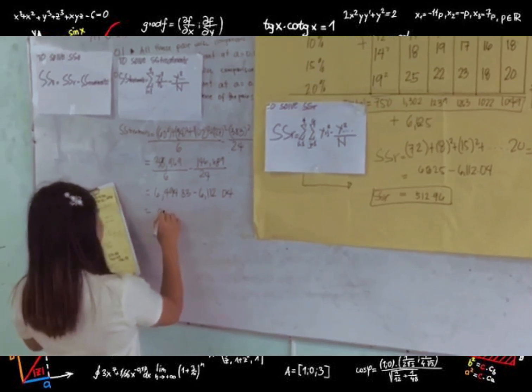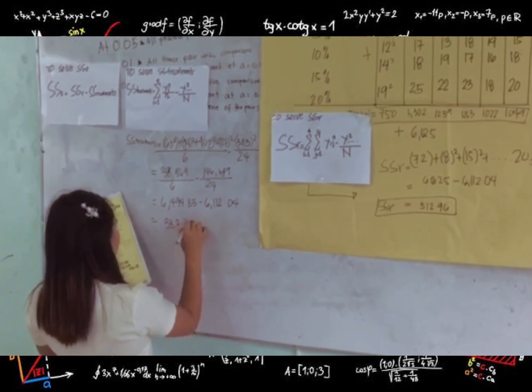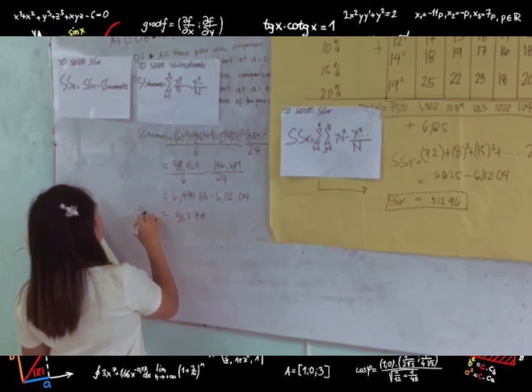Then the answer is 382.79. That is our SS treatments.